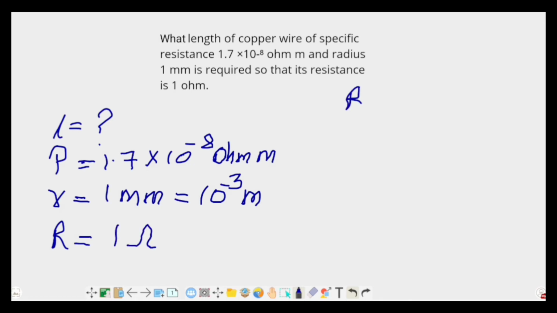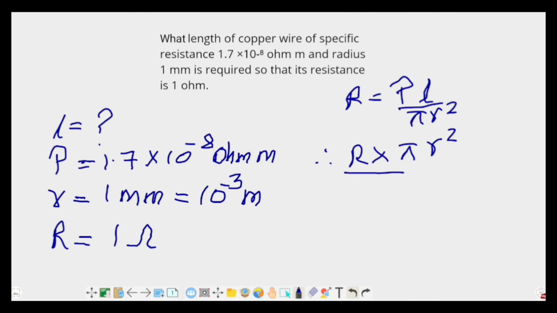You know resistance is equal to rho L by A, and A means pi r square. So what is ours? L is ours. So R into pi r square upon rho will give you the value of L. Now let's substitute the values.